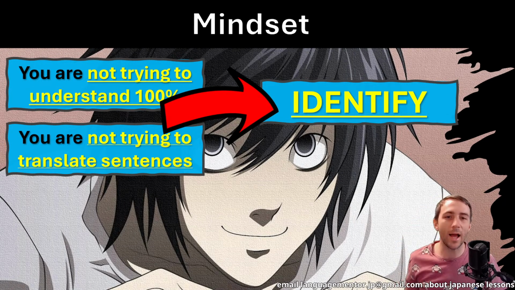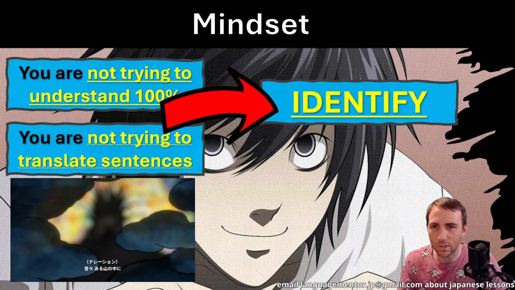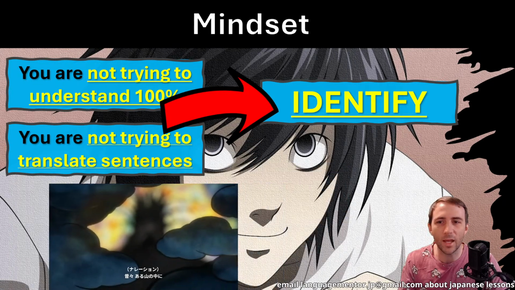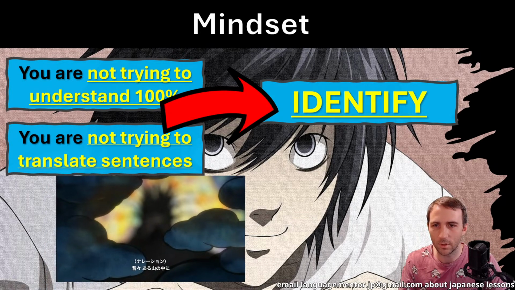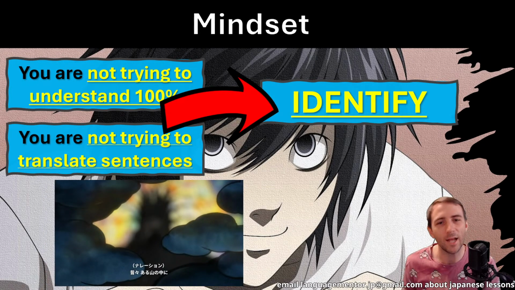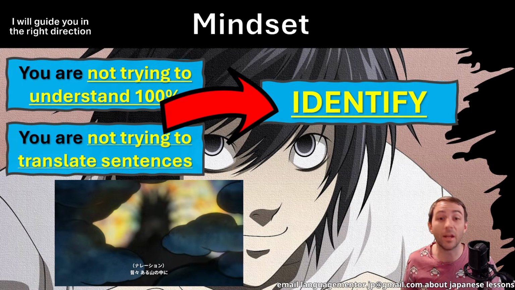And if you cannot identify things, here, let me pull this up, it'll still be helpful. If you can't identify what is in the sentence, like, oh, that's a verb, like aru.